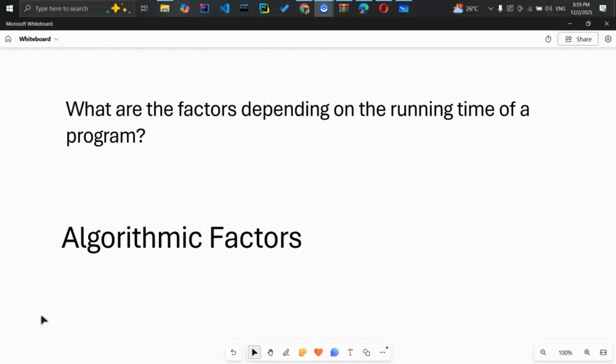Implementation details. How you use data structures or code patterns. Basically, anything about how your algorithm works and what it's given, right?